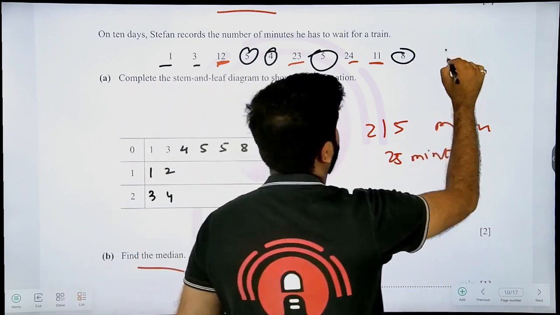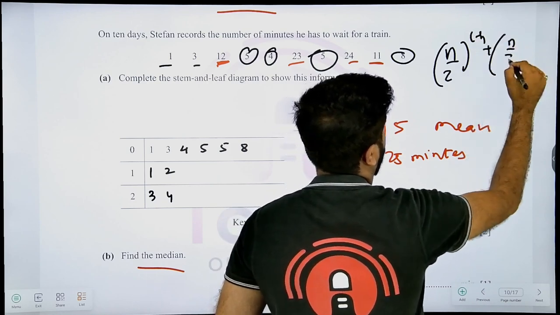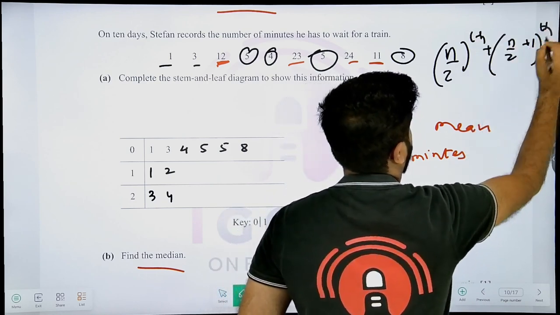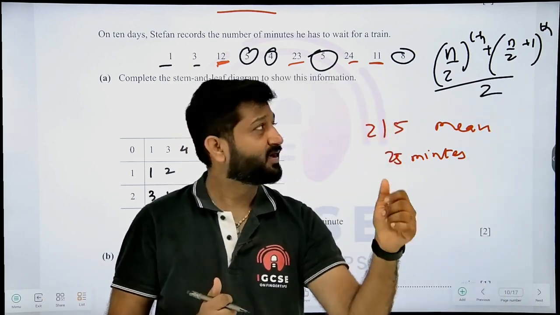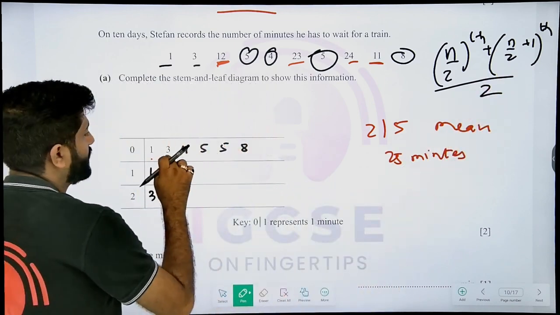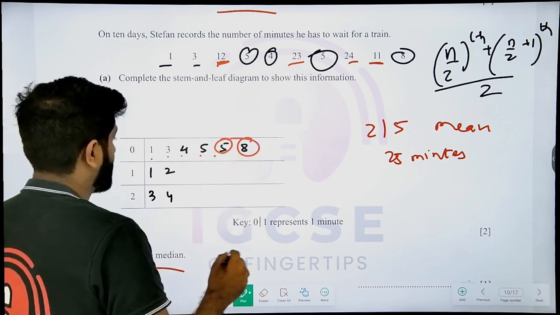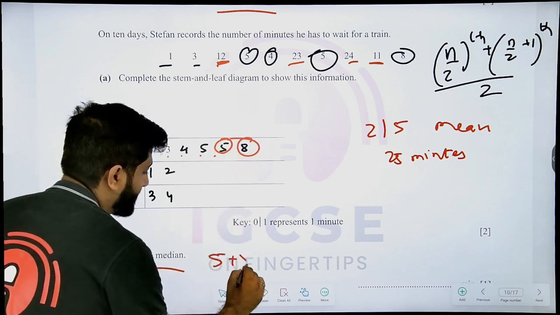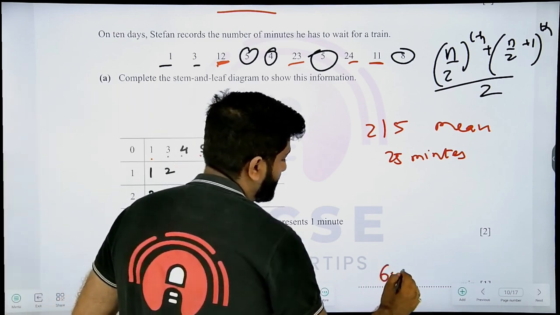So the formula for an even number of observations is the n by 2 term plus the n by 2 plus 1 term, divided by 2, which is 10 by 2. That is the 5th term plus the 6th term divided by 2. So 1, 2, 3, 4, 5, this is my 5th term, this is my 6th term. So I do 5 plus 8 divided by 2. That is 13 divided by 2, or 6.5.